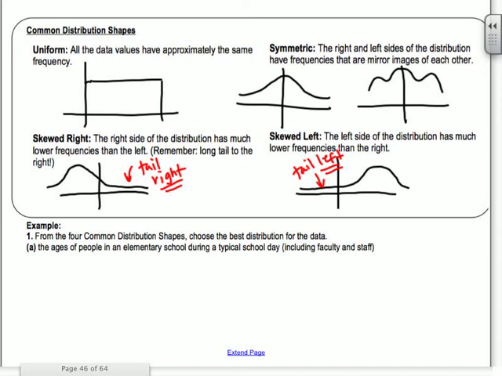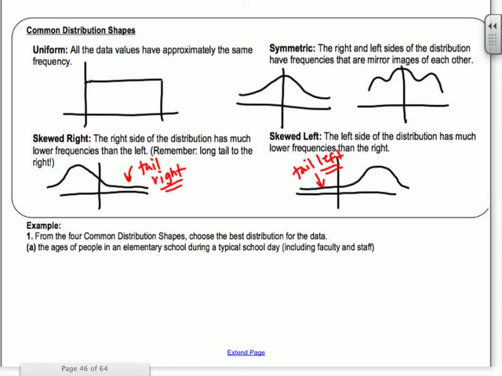All right, so let's kind of think about these different things. From the common distribution shapes, choose the best distribution for the data. So A, the ages of all people in an elementary school during a typical school day, including faculty and staff. Would that be uniform, symmetric, skewed right, skewed left? Well, think about faculty here. We have a lot of teachers here, but do we have as many teachers as students? No. So their ages are going to be really small, right?